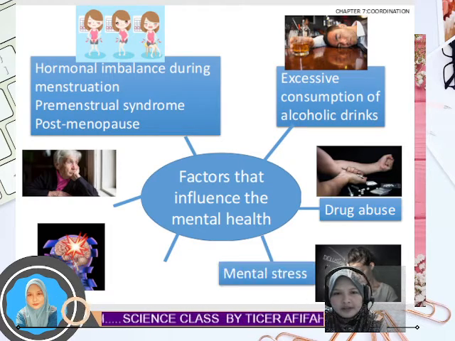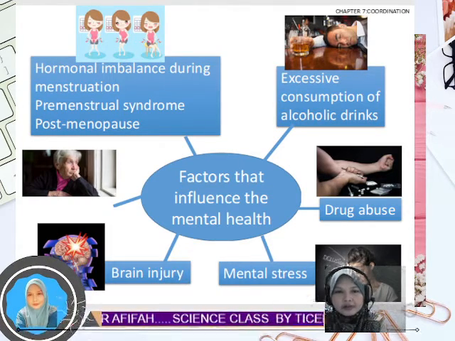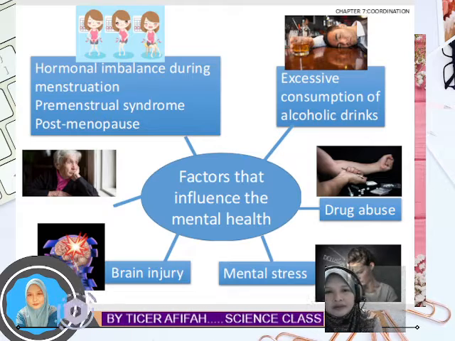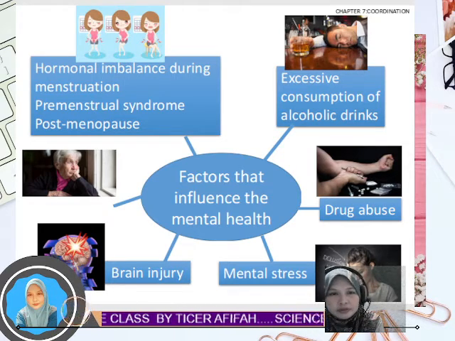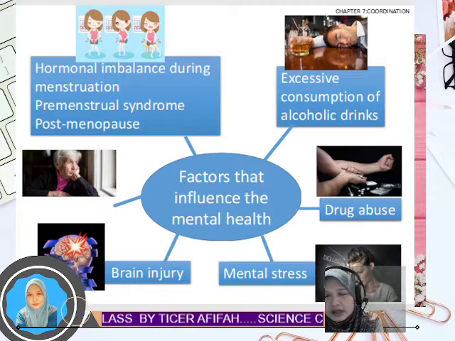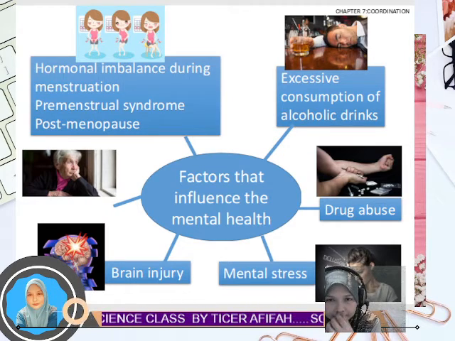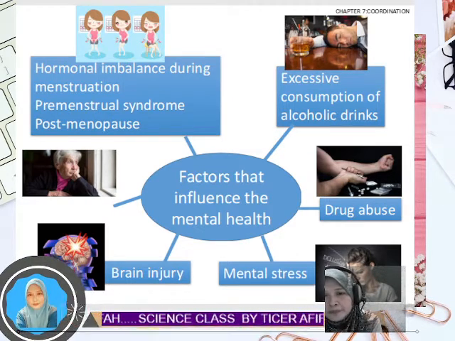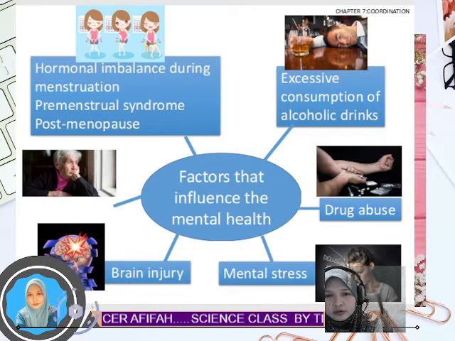Right, there are six factors that influence mental health. Hormonal imbalance during menstruation, this one is for females. Excessive consumption of alcoholic drinks, so you cannot think carefully, cannot think properly. Drug abuse is also a factor that influences mental health.